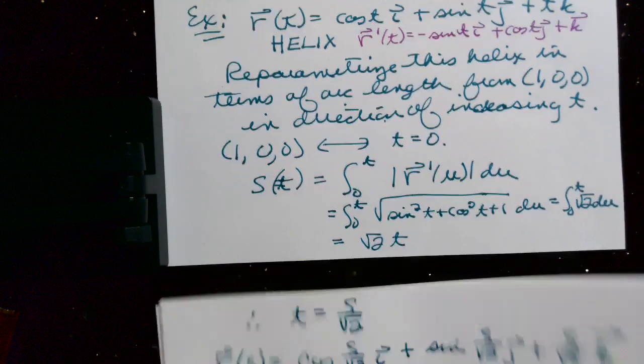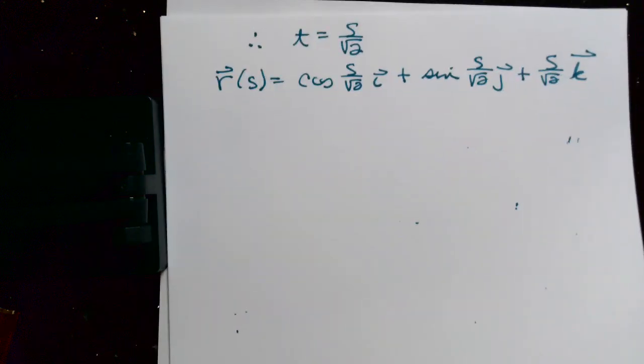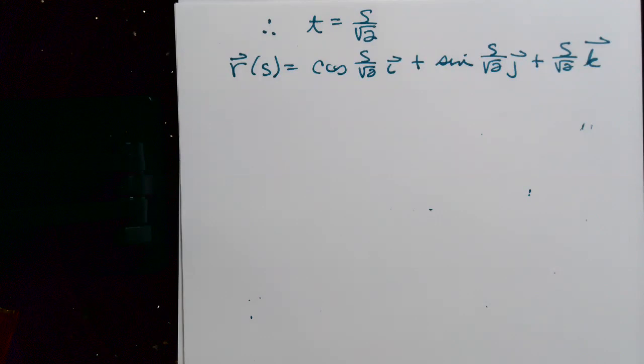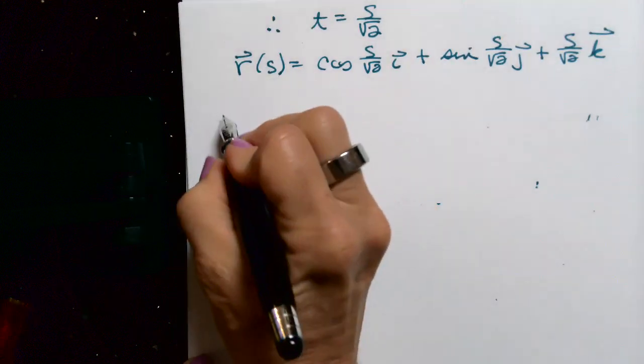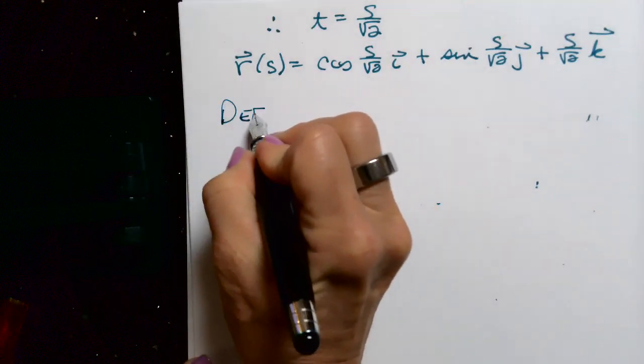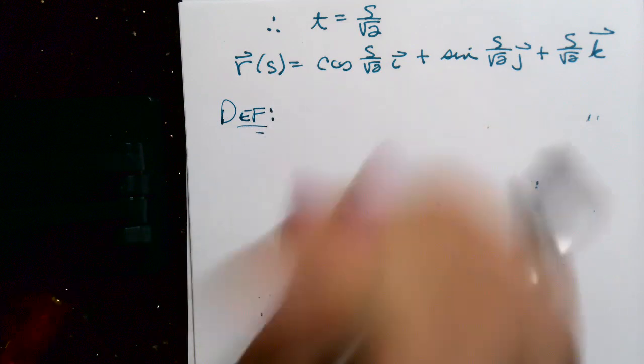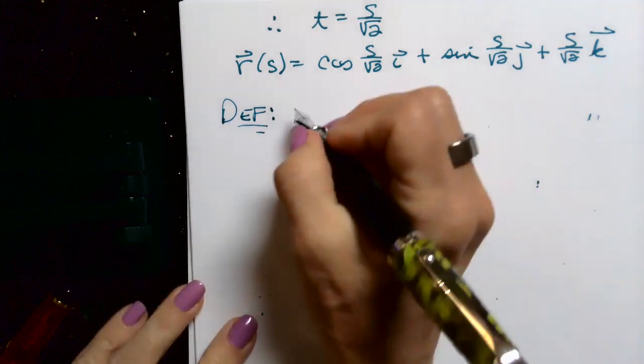Now, another definition we're going to need in the next little section is a smooth parameterization.